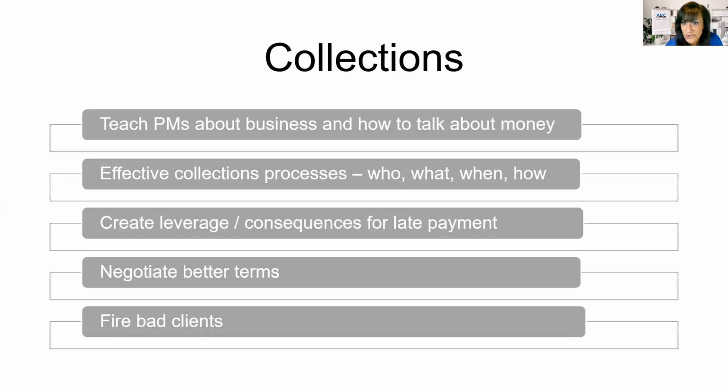Their AR was getting too high, and they had too many ARs over 90 days. They have what are called service area managers, and they wanted their service area managers to make more frequent and better calls to clients for their collections.